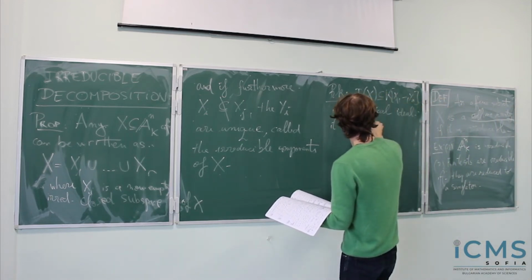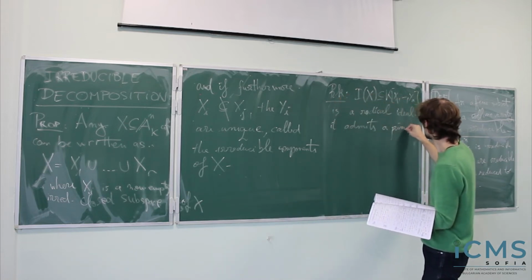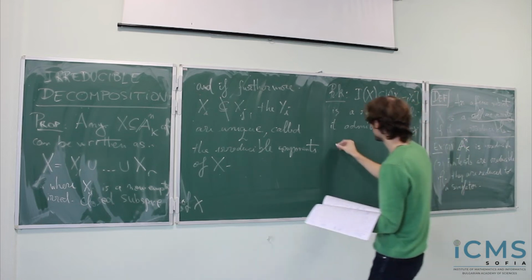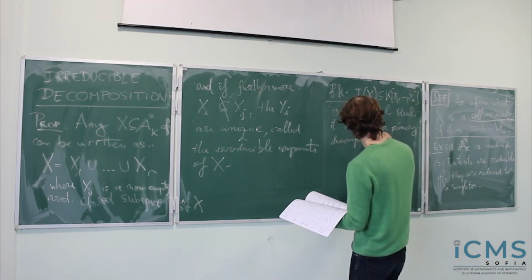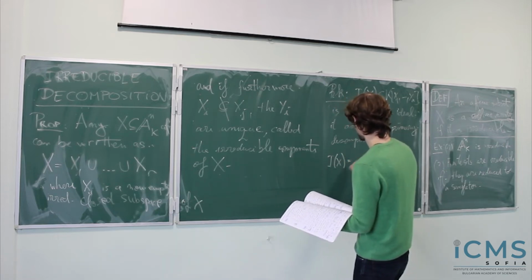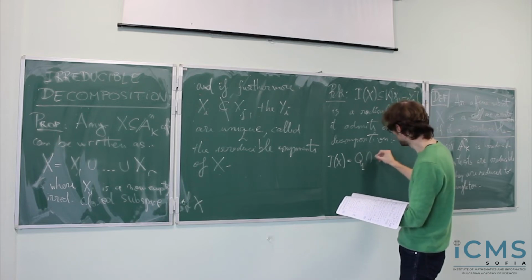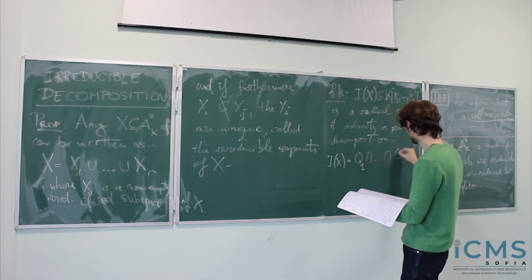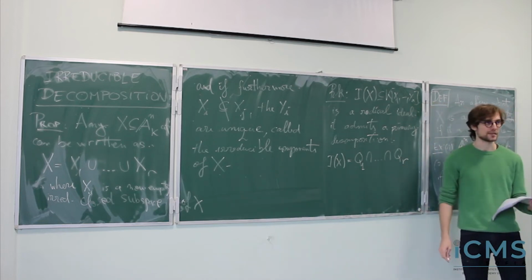That admits a primary decomposition, so I(X) can be written as a finite intersection of primary ideals, right?